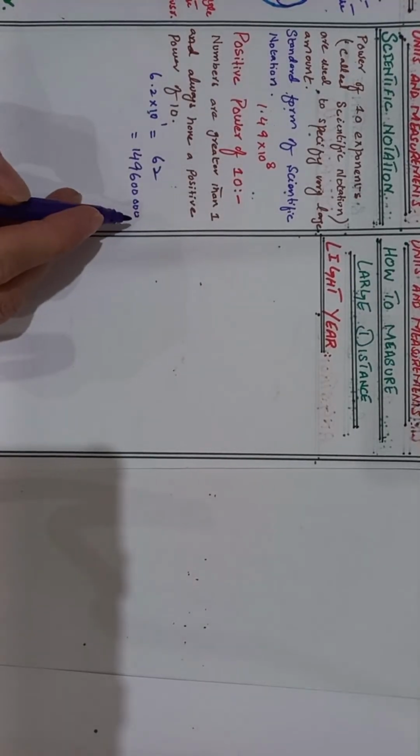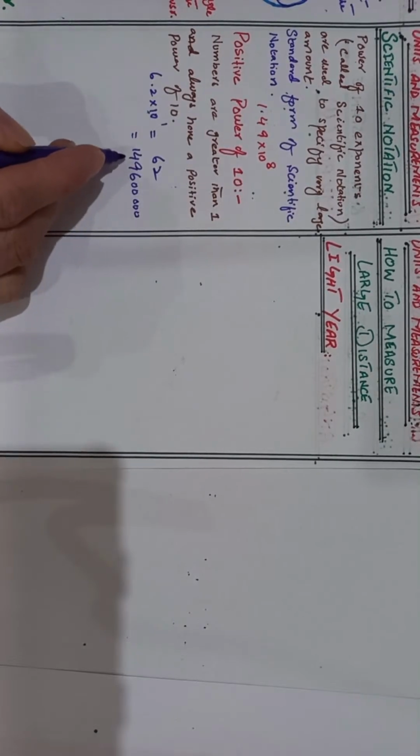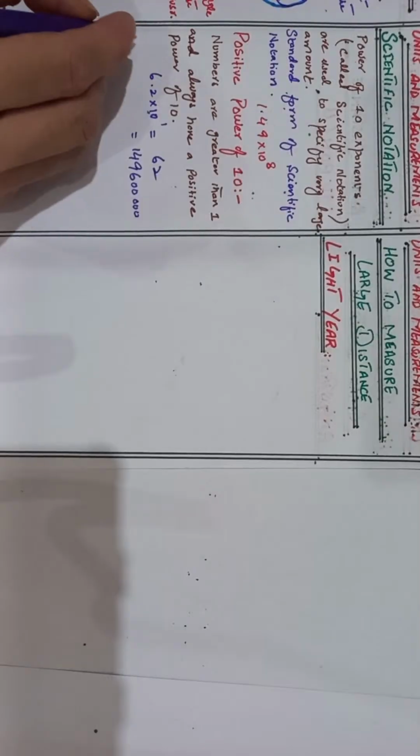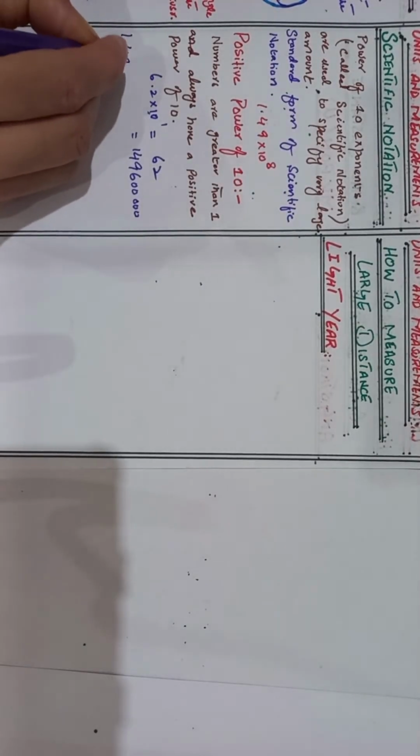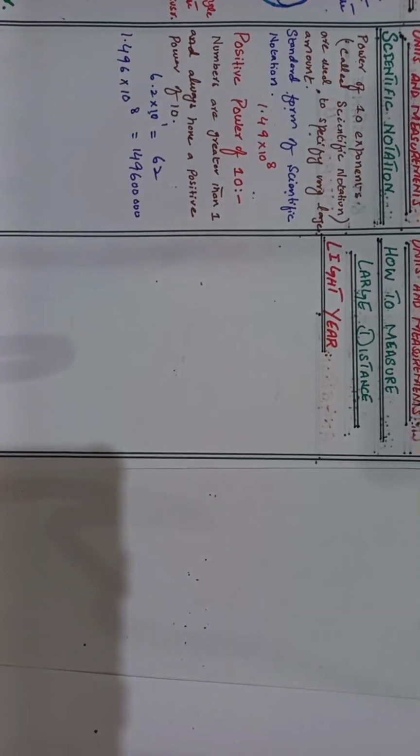Now we move the decimal from this point, so it becomes 1, 2, 3, 4, 5, 6, 7 and 8. So its value becomes 1.496 into 10 to the power 8. Here we discussed the positive power of 10.